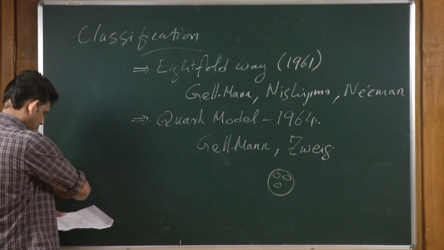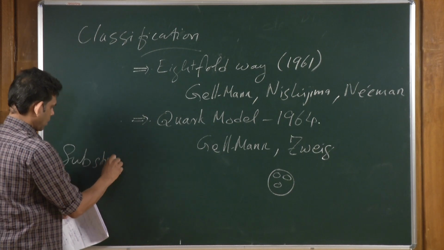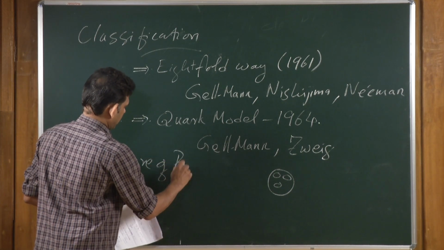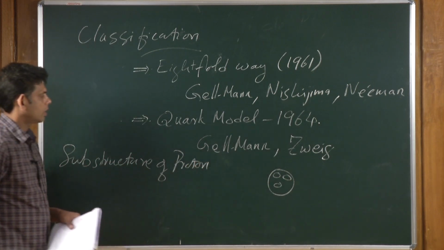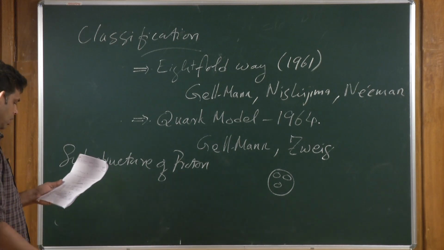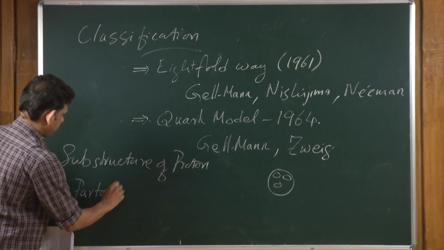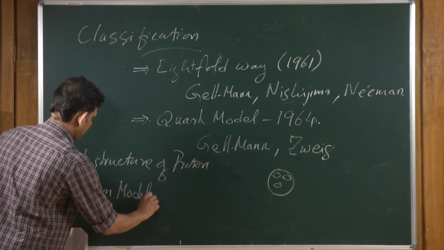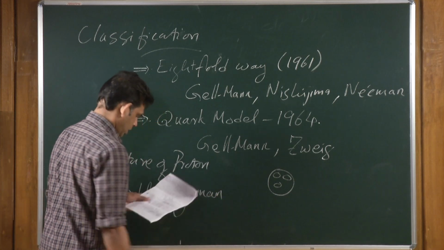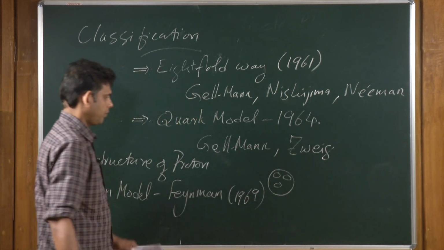Also, the substructure of the proton was proposed by Feynman in what is called the parton model, by 1969 or so.